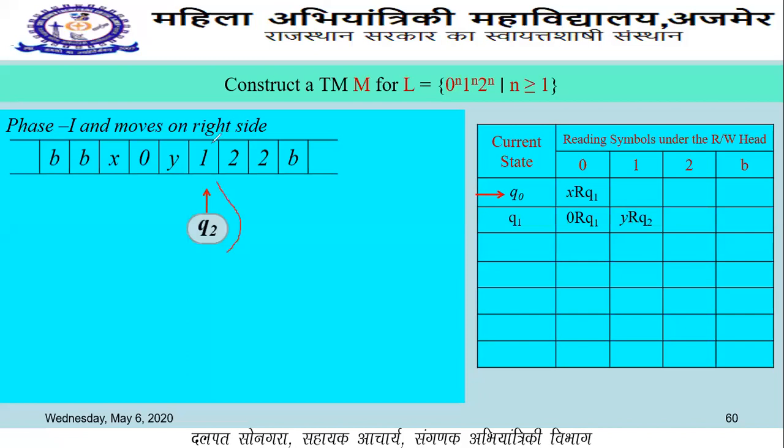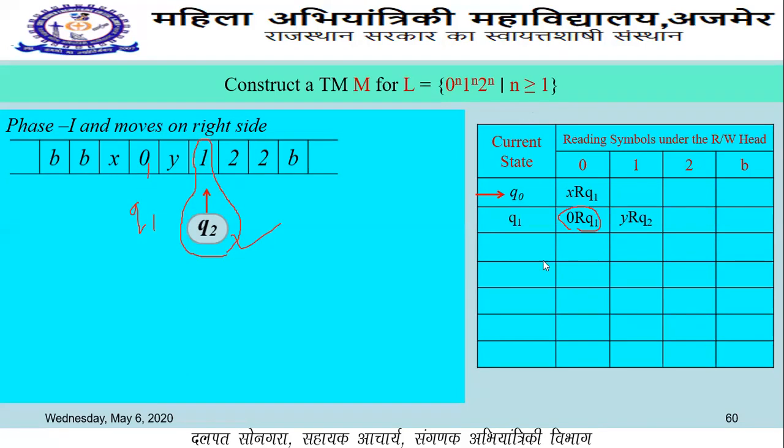You notice this is a unique situation. Whenever we read 0 at q1, we just pass it by using this transition function, and whenever we read 1 at q2, we just pass this 1.